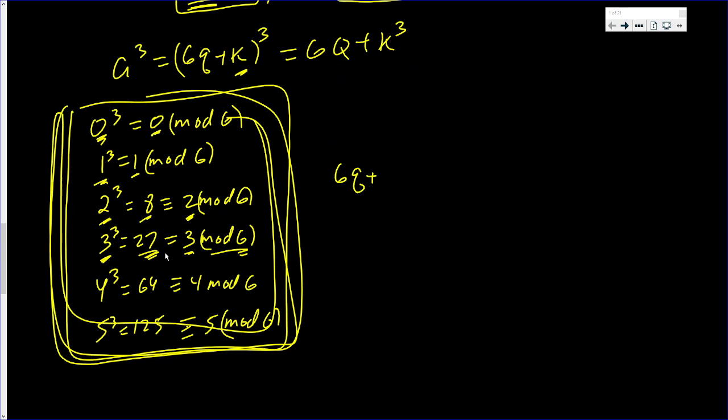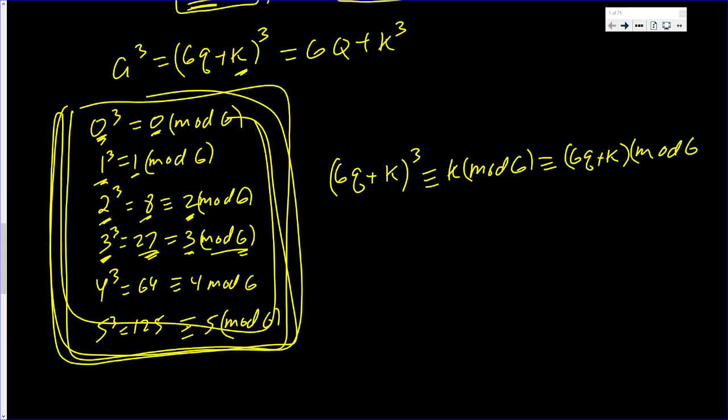We showed that 6 cubed plus k cubed is congruent to k mod 6. But as I mentioned a moment ago, that's the same as 6 cubed plus k mod 6. I just said it more formally. That is, if you cube this number, mod 6, you get back the same number. That is, a cubed is congruent to a mod 6 for any integer. The proof ends right there.